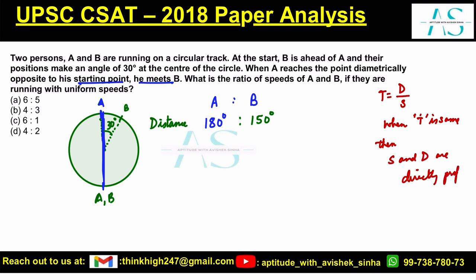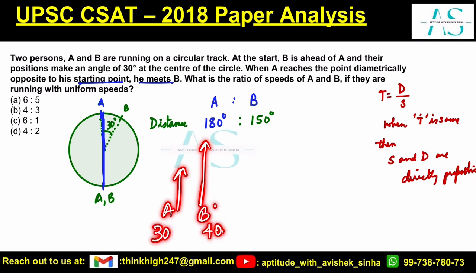What is directly proportional? Let's take an example: of two persons, the one whose speed is more will cover more distance. A and B are traveling at 30 km per hour and 40 km per hour. Who would be covering more distance? Someone who is traveling at a greater speed. So speed and distance share direct proportion when the time is the same.